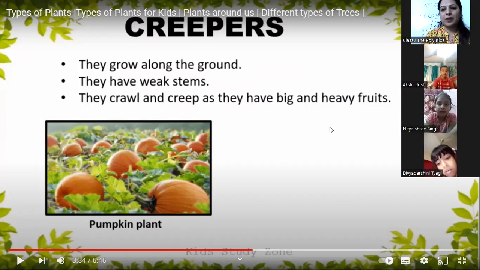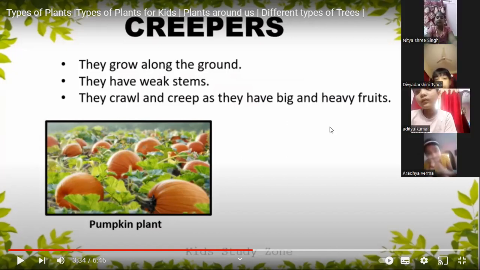How are the stems of climbers? The stem of climber are very weak. Yes, the stems of climbers are very weak and they need support to stand. They cannot stand on their own. Like money plant, pea plant, and grapevine.